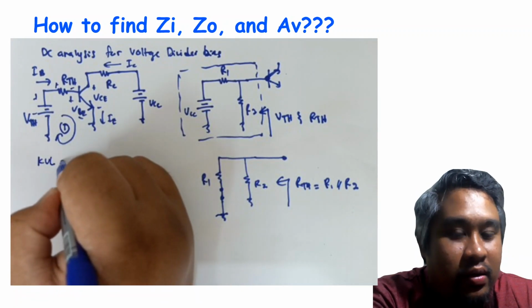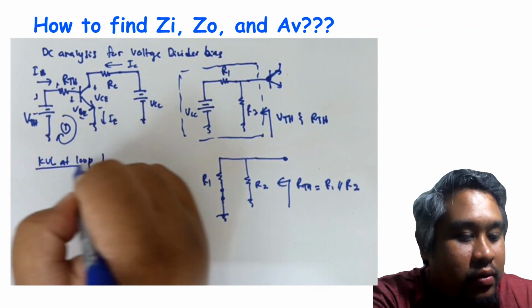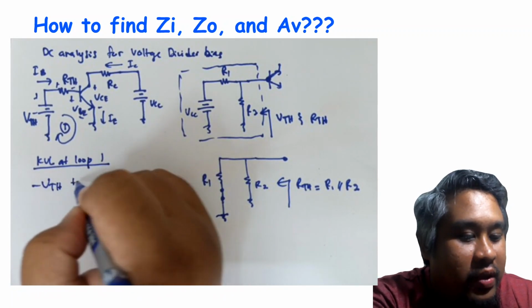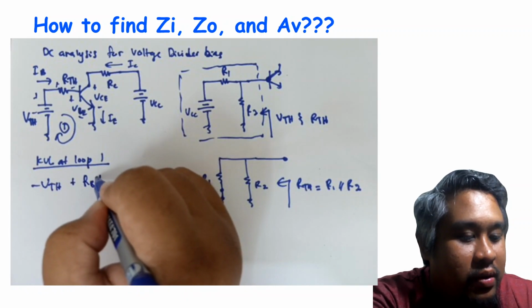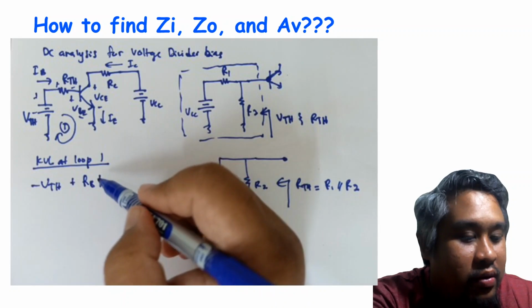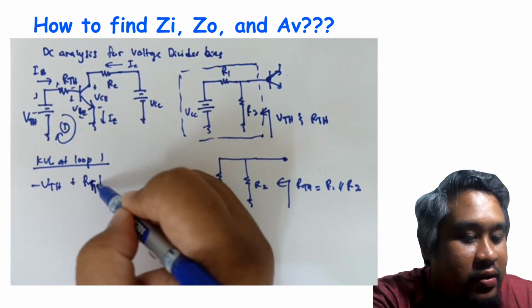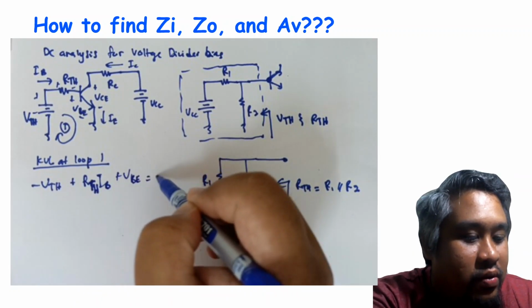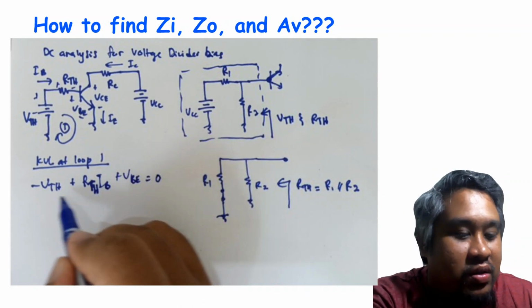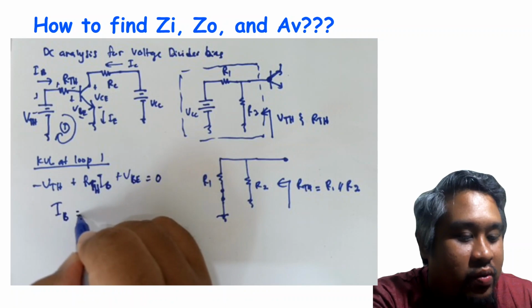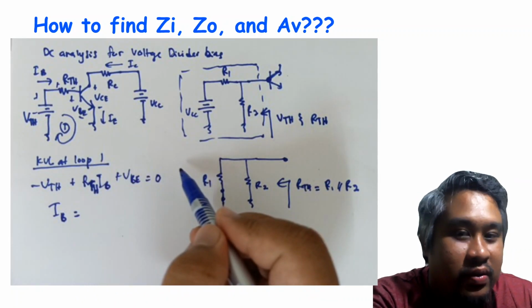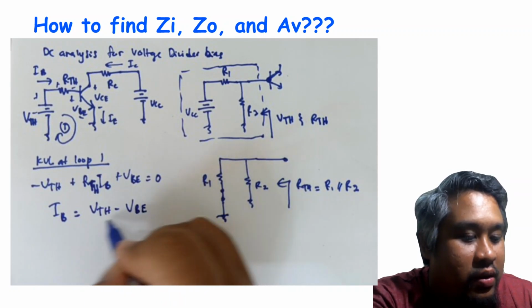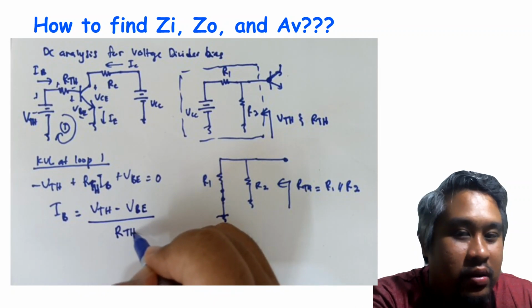So KVL at loop 1, we have minus VTH plus RTH and IB plus VBE equal to 0. Simplify this equation to find IB. So IB equals VTH minus VBE over RTH.